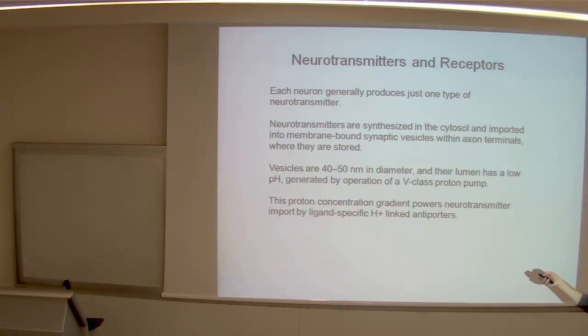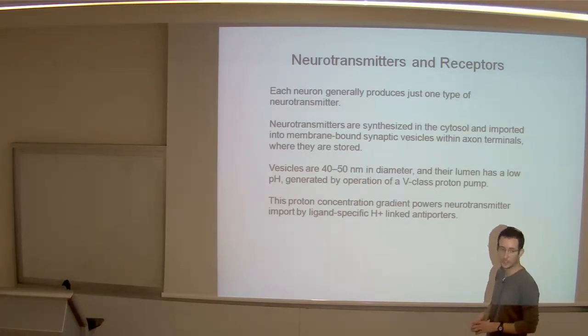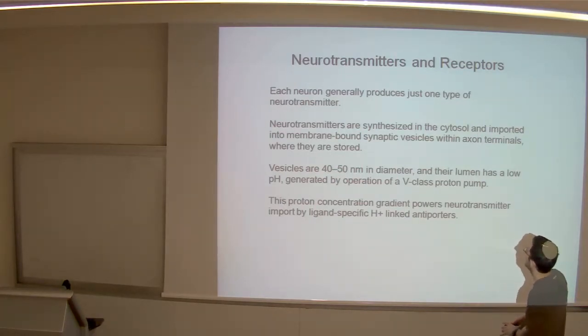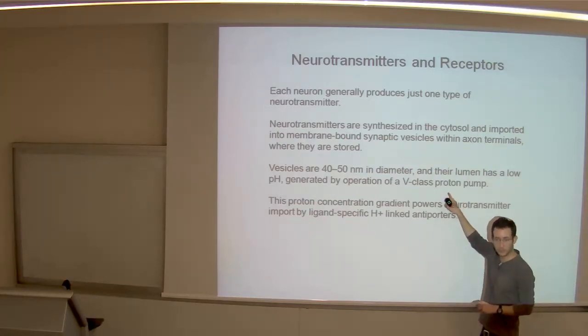Okay, and the neurotransmitters are synthesized in the cytosol of neurons and are then imported into membrane-bound synaptic vesicles and transported to the axon terminus. Vesicles are about 40 to 50 nanometers in diameter. They have an acidic lumen, which is produced by the operation of a V-class proton pump whose structure and function you already know.